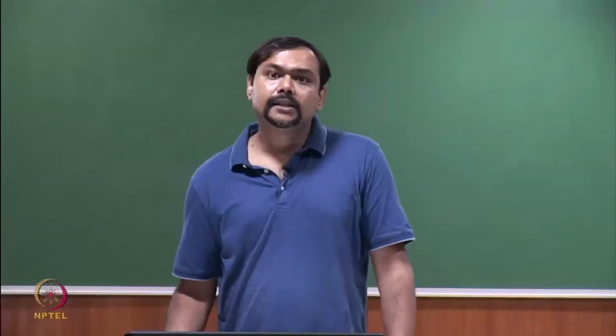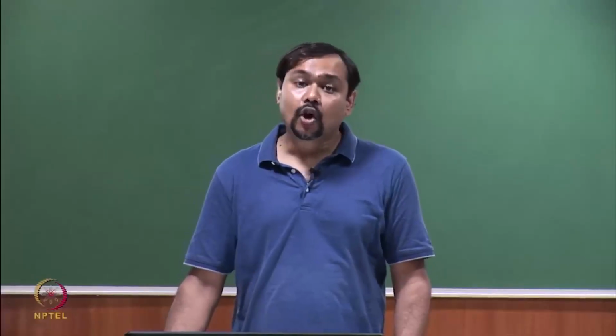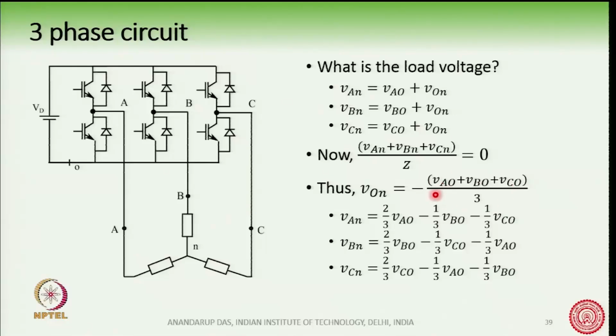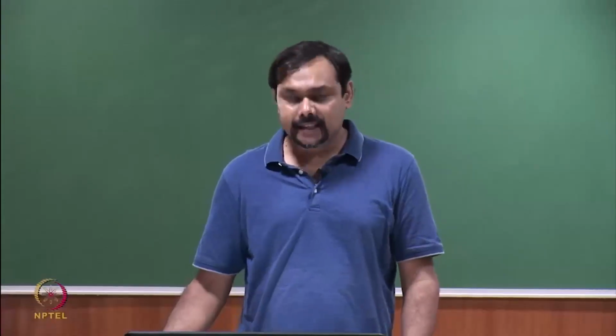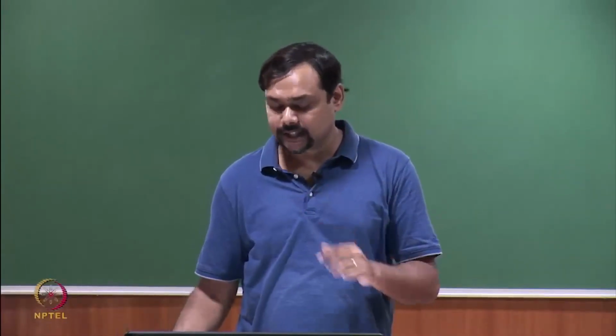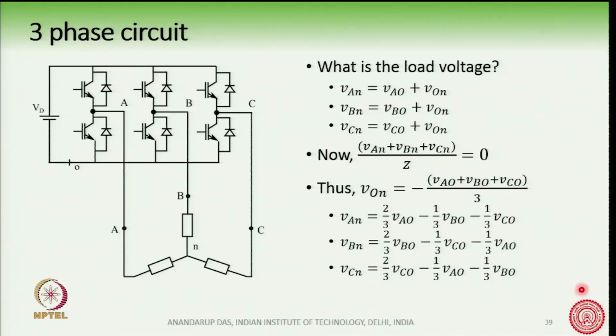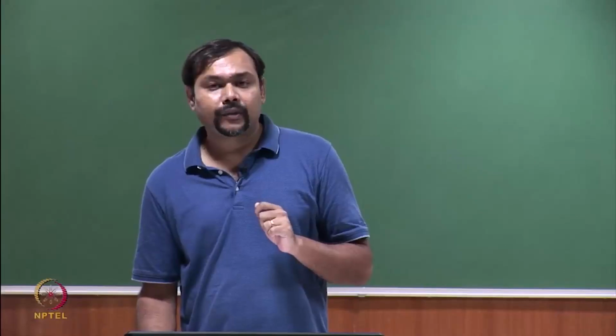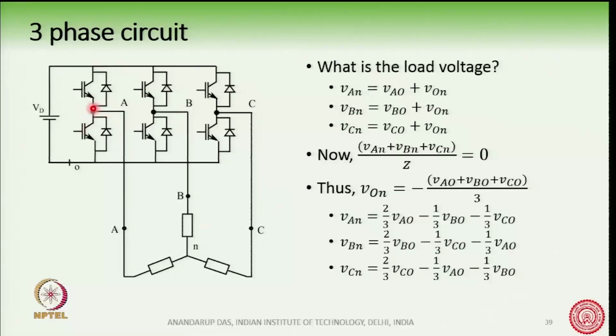This voltage is also sometimes called the common mode voltage. This sum of VAO, VBO, VCO divided by 3, this voltage is also called the common mode voltage. The common mode voltage exists for such converters, because there is switching on these voltages and the sum of VAO, VBO, VCO is not equal to 0. This is unlike the case if there were sinusoidal voltage sources here.